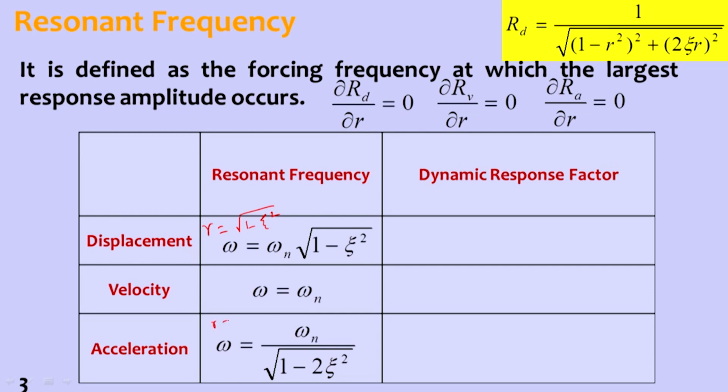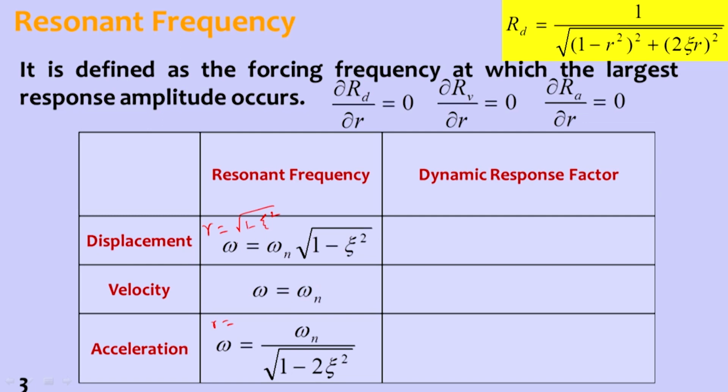R is equal to 1 by under root 1 minus zeta square. That means omega is equal to omega n by under root 1 minus zeta square. So, in the displacement resonating condition, zeta is there. In the acceleration resonating condition also zeta is there, and in the velocity resonating condition zeta is insensitive. That means omega is equal to omega n, R is equal to 1.